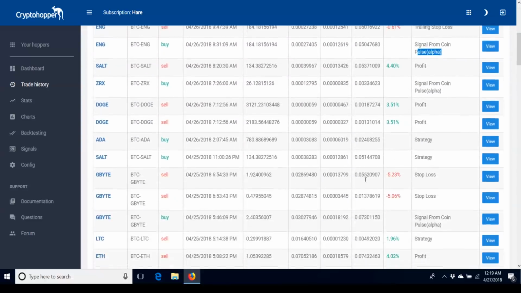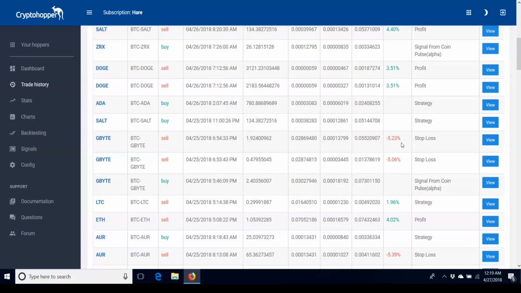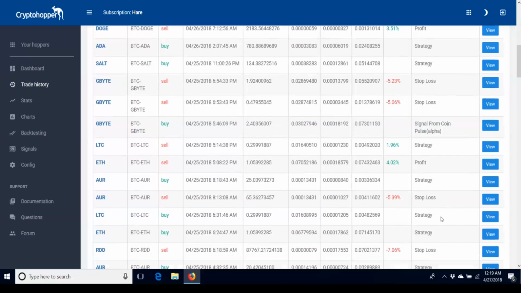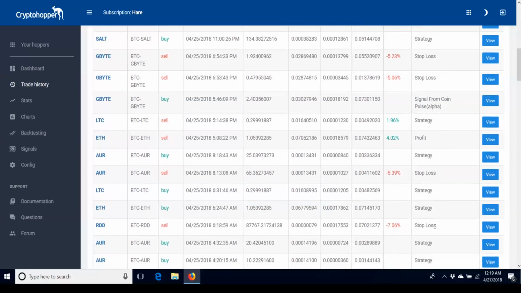So I'm not sure what's making it do that, but there's a couple things that it's expecting to happen that I guess aren't happening. But you can see down here, strategy, profit, strategy, another stop loss, strategy buy, stop loss here. See, that one must have been falling really fast for Red coin, and it sold out at 7%.